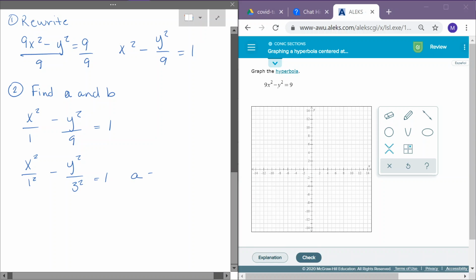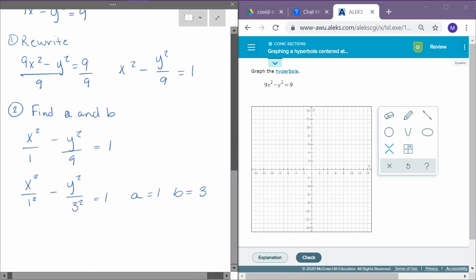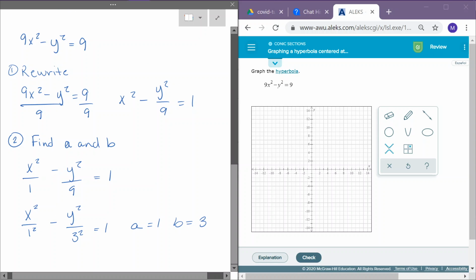So here our a is equal to 1 and our b is equal to 3. One thing to note is that our hyperbola has a horizontal transverse axis. So our transverse axis is at y equals 0.